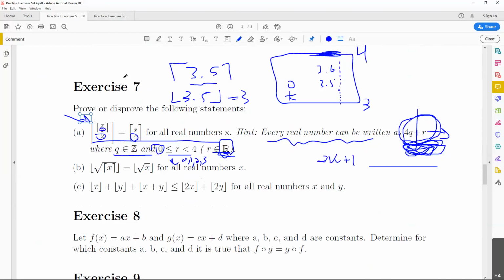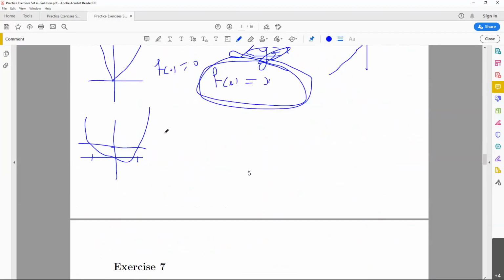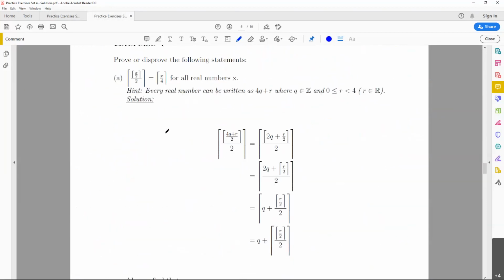Okay, so in this part, I feel we're just going to be plugging it in and seeing what we get. Starting with the left-hand side, just plug it in. What can we have? 4q over 2 is going to give me 2q. You can bring it outside, because 2q is an integer.